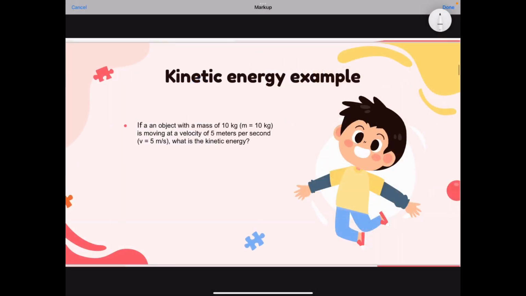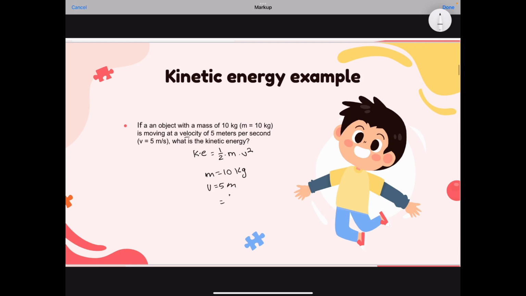Let's take an example. If an object with a mass of 10 kilograms is moving at a velocity of 5 meters per second, what is the kinetic energy? As we mentioned earlier, the kinetic energy formula is half times mass times v squared. What is given is the mass, which is 10 kilograms, and the velocity, which is 5 meters per second.